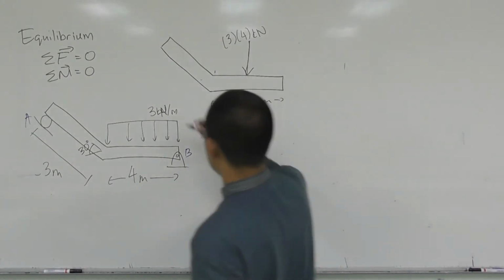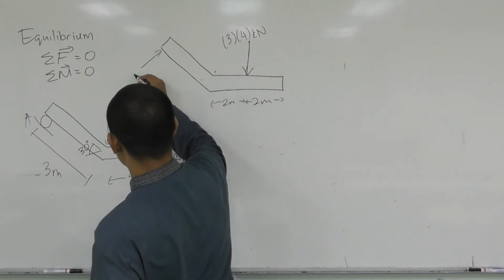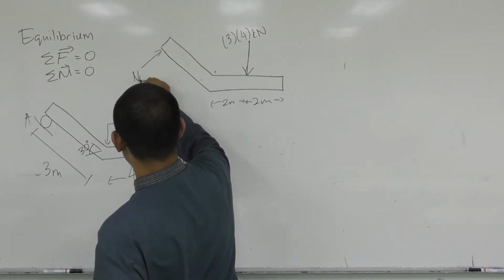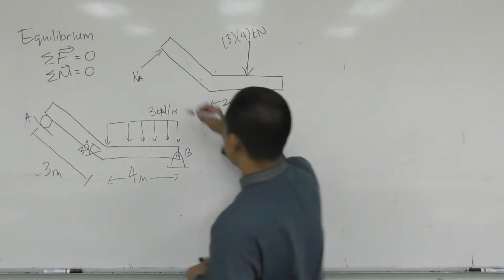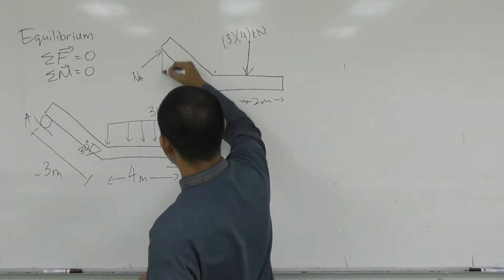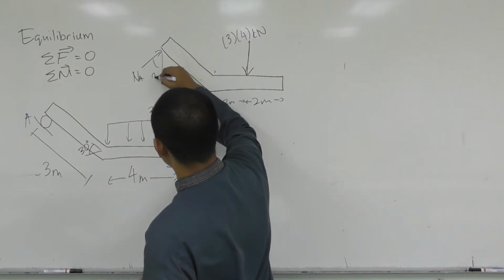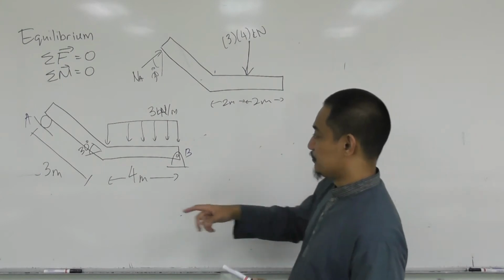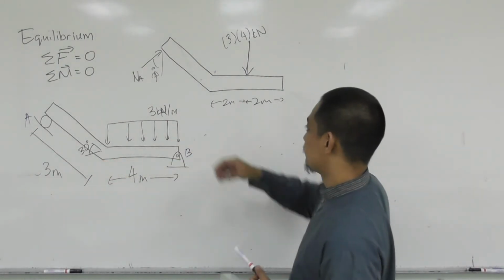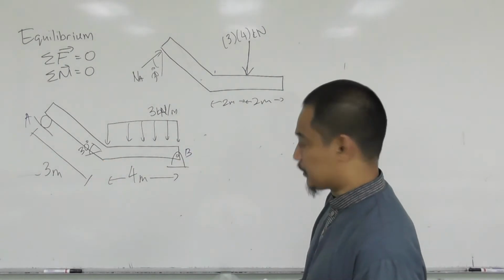And then you have the support reaction here, which is a normal. So this is, let's say, NA. Okay, the way I draw it is exaggerated. So this one is 30 degrees there, based on this 30 degrees here. And what else?